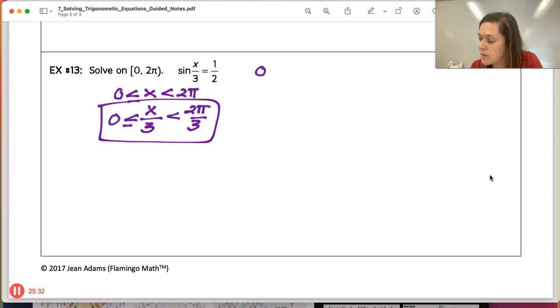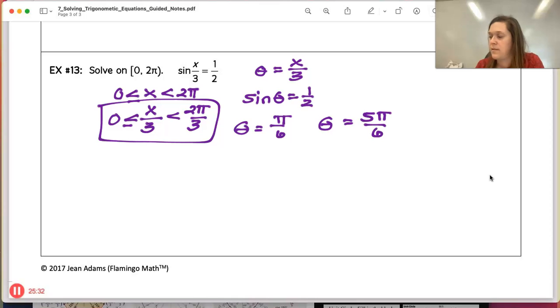So again, I'm going to use the old trick of letting theta equal x over 3 just to simplify things. So now I'm looking for when does my sine of theta equal 1/2. Okay, well, we're at 1/2 at pi over 6, and we're at 1/2 at 5 pi over 6, right? So then when I solve that out, x over 3 is equal to pi over 6, multiplying by 3 on both sides gets us pi over 2.